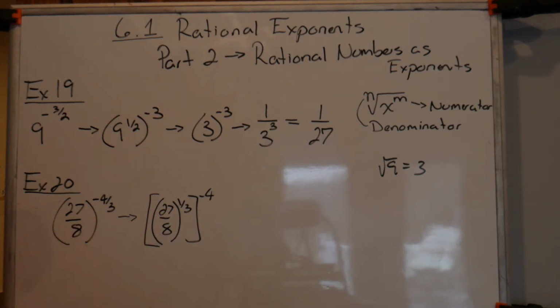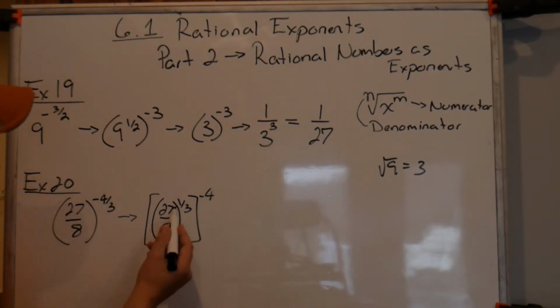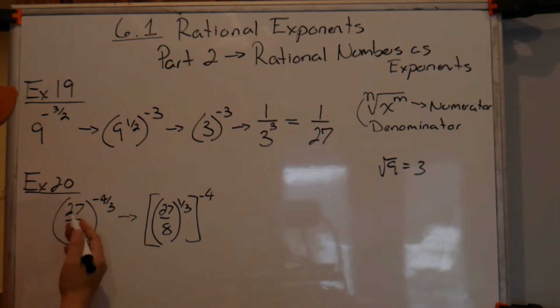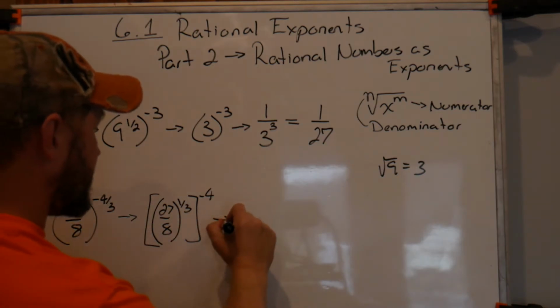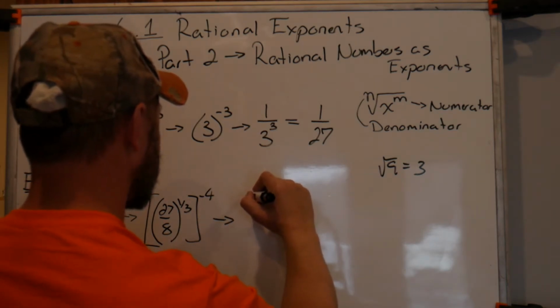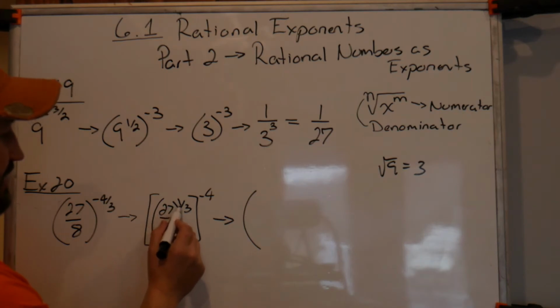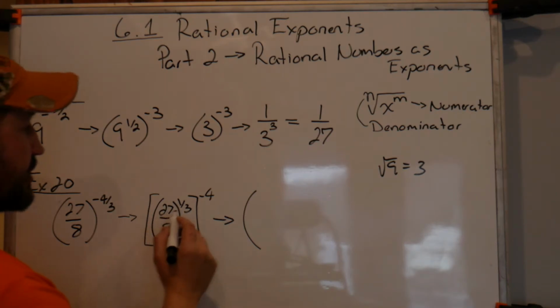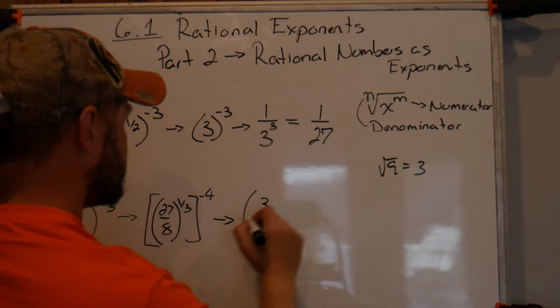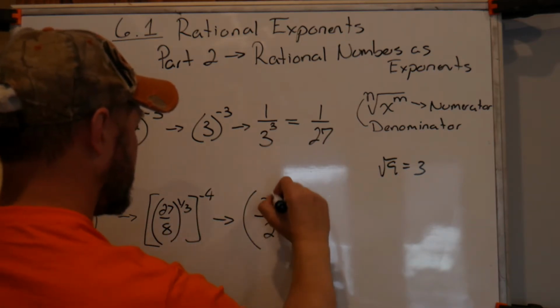I know there's a cube root to 27. I know there's a cube root to 8. Those are the two most popular ones that'll pop up in this section. So I'm going to go ahead and pull my 1/3 out. When I pull my 1/3 out, you can flip them at any time, but then I know I have 27 to the 1/3 is the cube root of 27. 8 to the 1/3 is the cube root of 8.